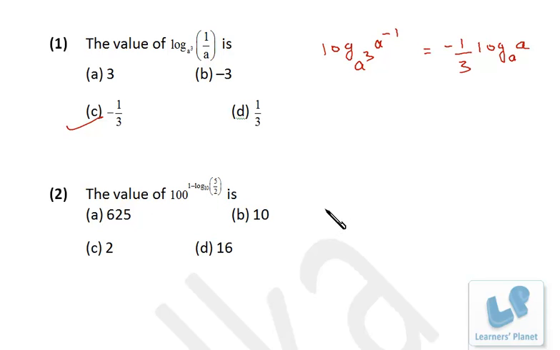Now this, the value of 100 raised to 1 minus log 5 by 2 to the base 10. Now what I do, I just solve the power first of all. See here the base is 10, here also I can take the base as 10. So 1 can be written as log 10 to the base 10, right? Initially you practice by writing all the terms.